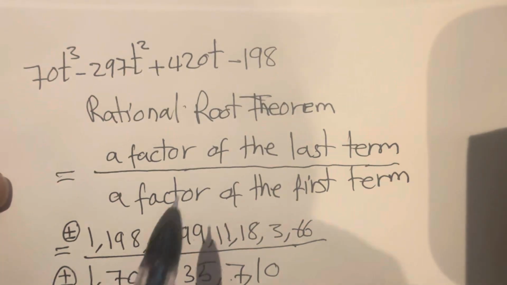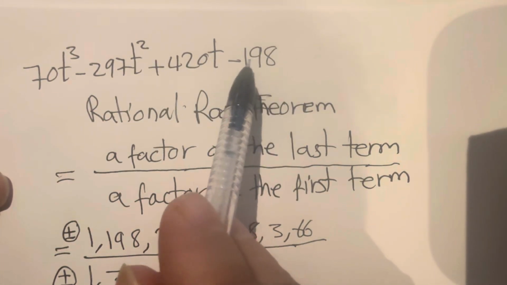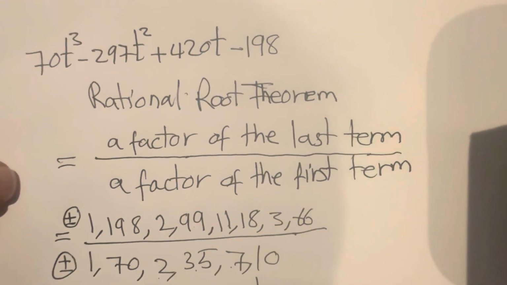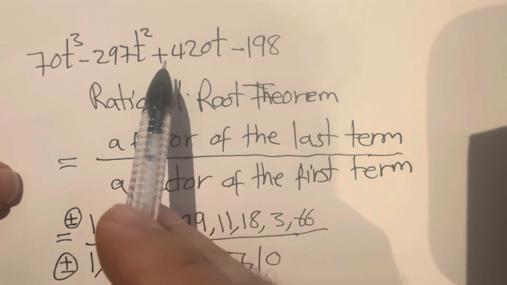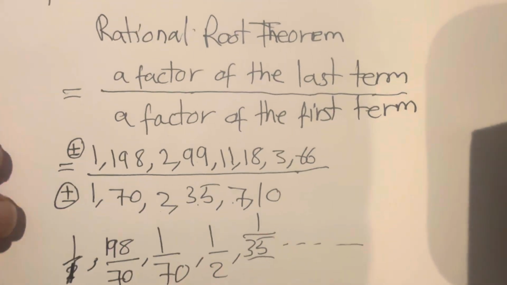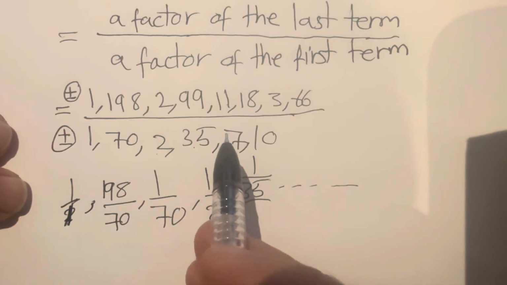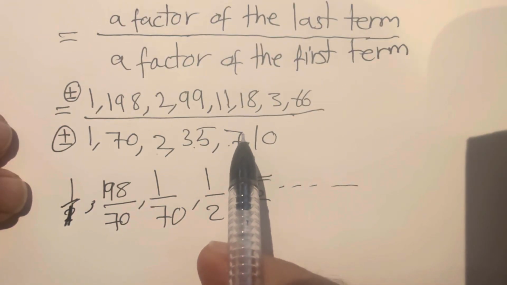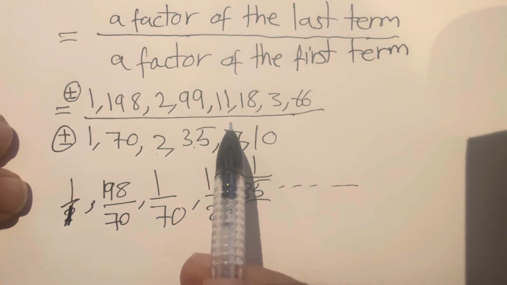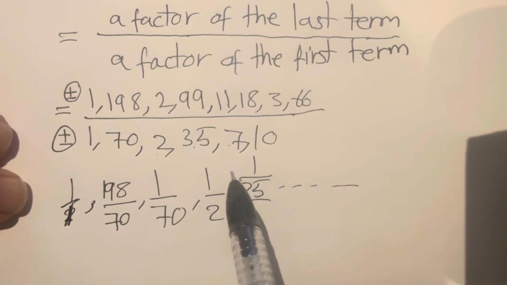What do you mean by works? One of the roots makes the equation equal 0, so the rest of them do not make the equation equal 0. After a very long calculation, you have to try every single number like these.